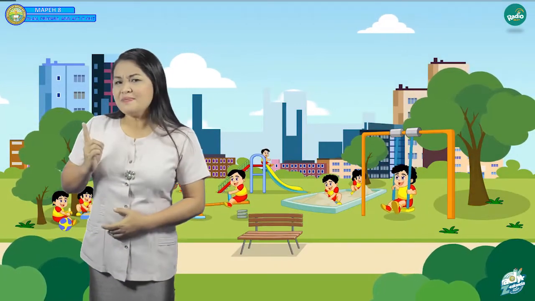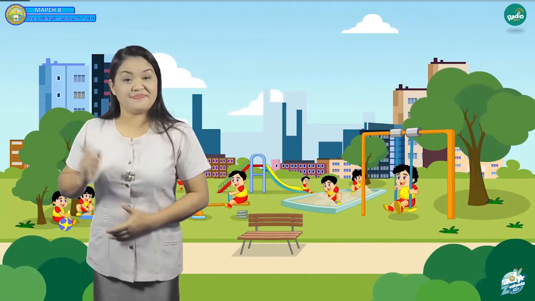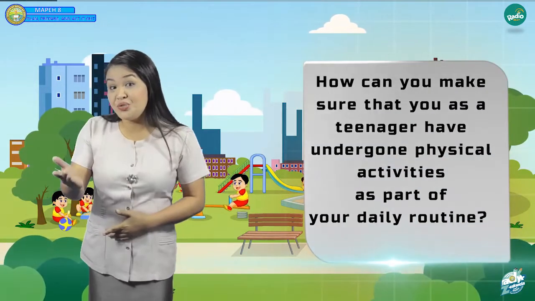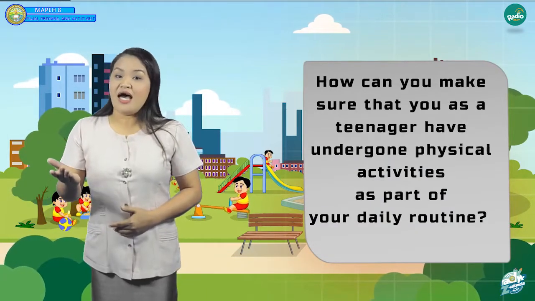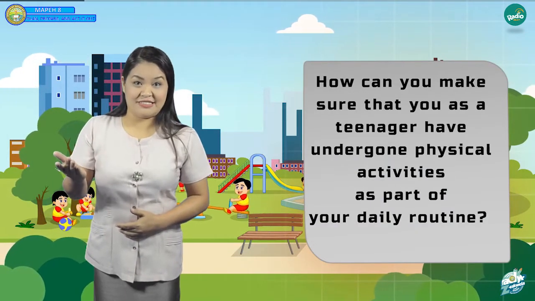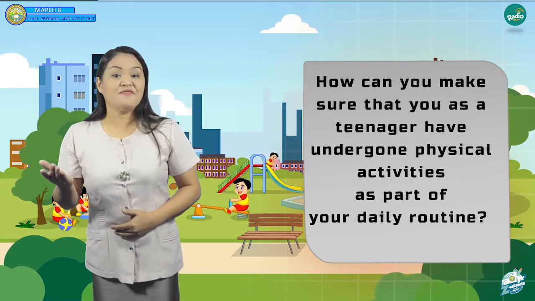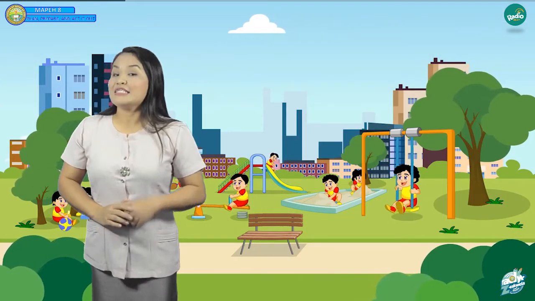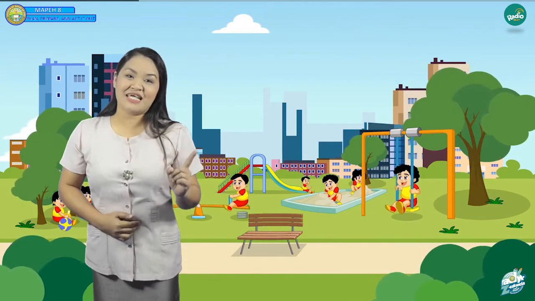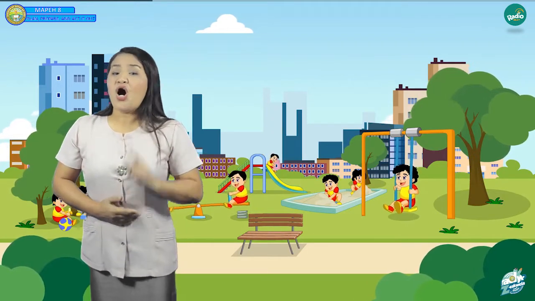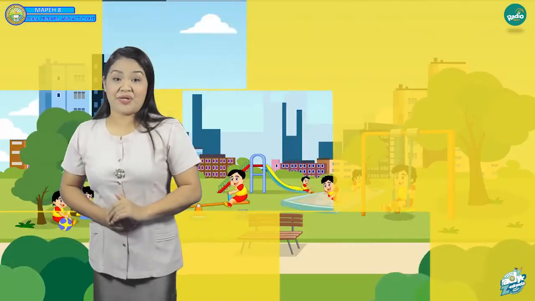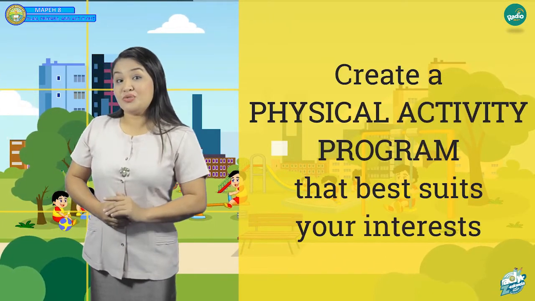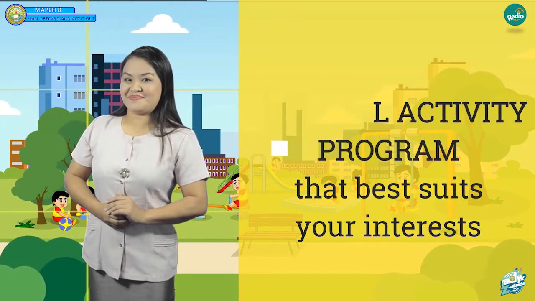Now, let me ask you a question. How can you make sure that you, as a teenager, have undergone physical activities as part of your daily routine? Take this as a recommendation. All you have to do is to create a physical activity program that best suits your interests.